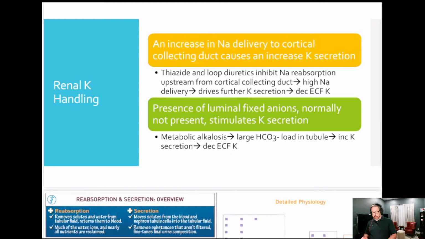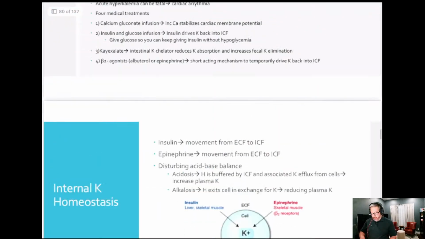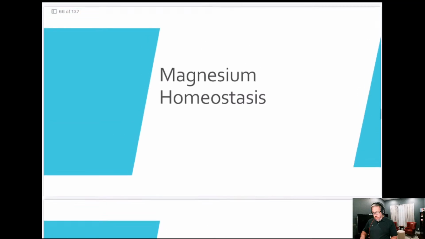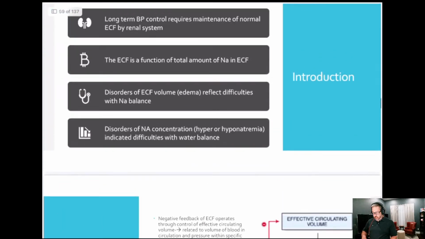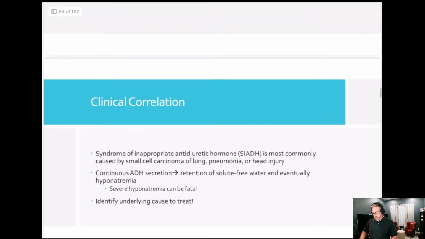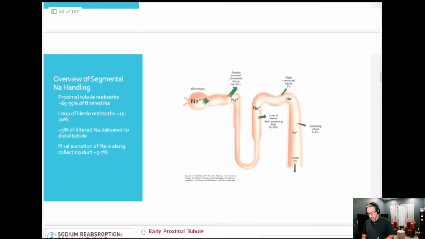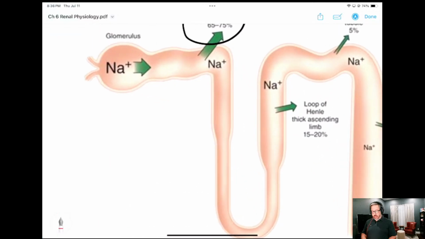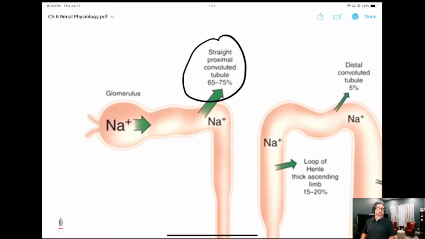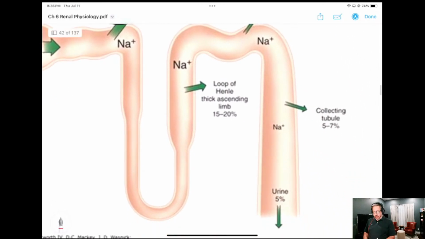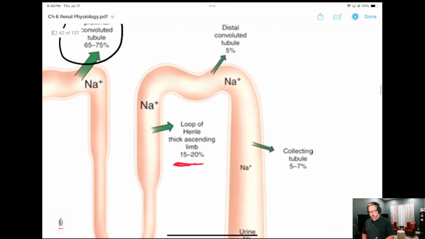So before we start this, let's look at this real fast for sodium. 65 to 75% of sodium is reabsorbed up here. 15 to 20% in the loop of Henle, where the loop diuretics work. 5% in the distal convoluted tubule, where the thiazide diuretics work.